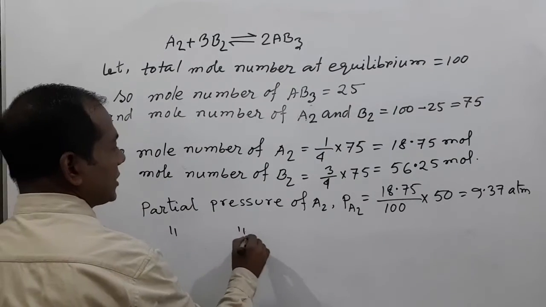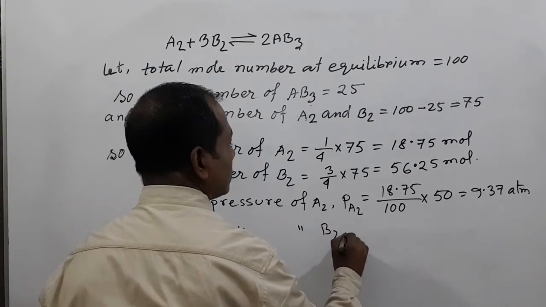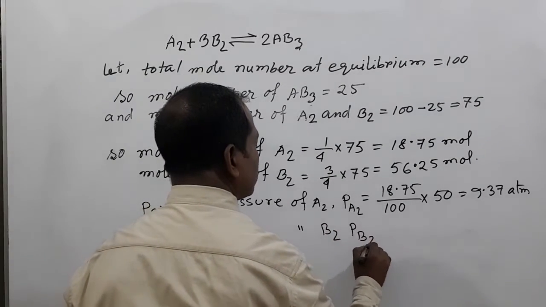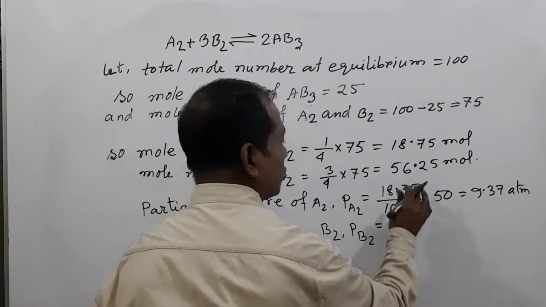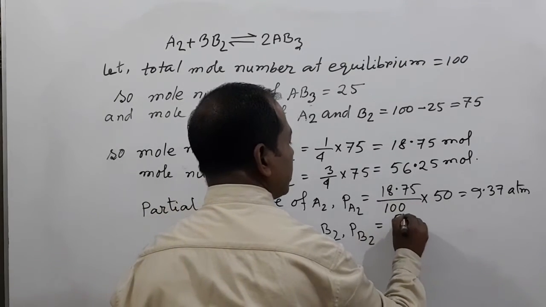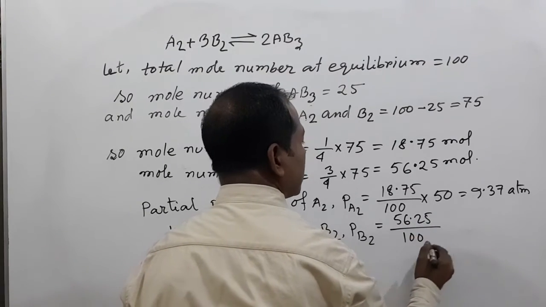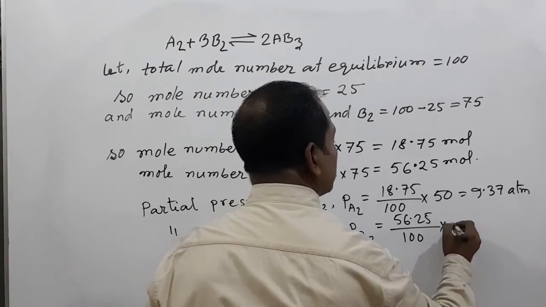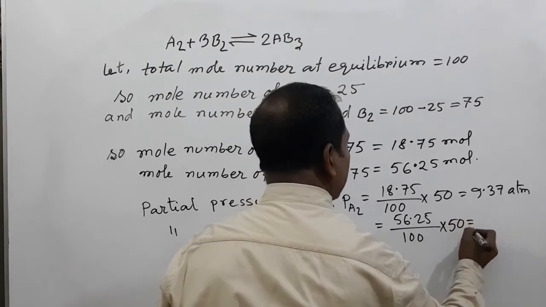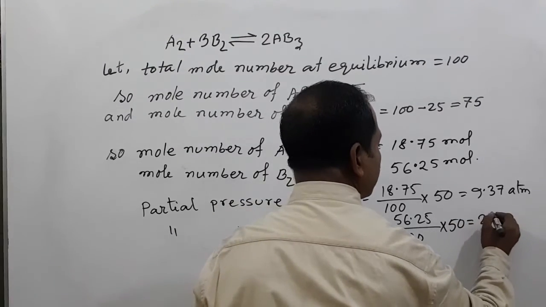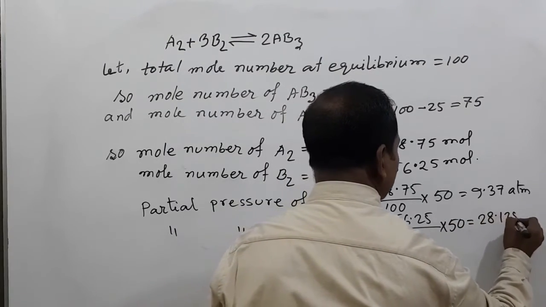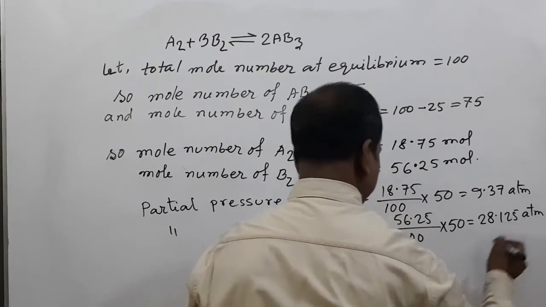And partial pressure of B2, that is PB2 equal to mole number of B2, that is 56.25 divided by total mole number 100 into total pressure 50, and we get the answer is 28.125 atmosphere.